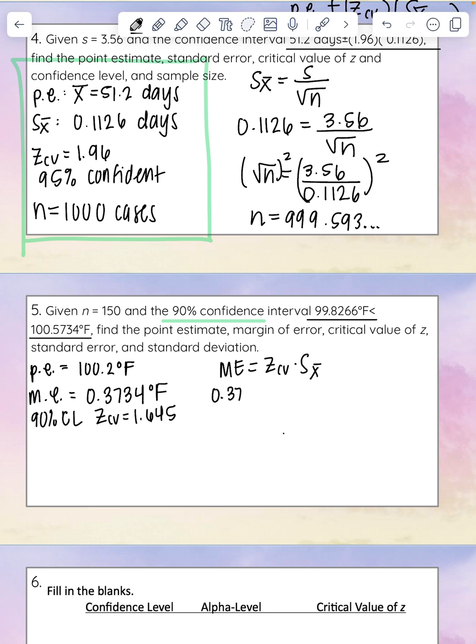So 0.3734, 1.645, and to solve for standard error, I would divide by 1.645. I do say on the class examples to round to the 10,000th, so let's just say 7 here.